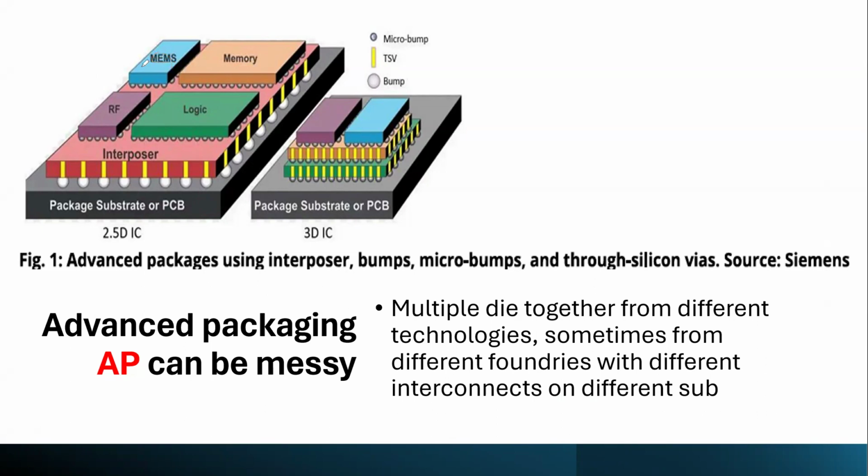You probably get some chips from elsewhere. And TSMC probably can make logic for you if you agree with the price. What they can offer is the interposer and putting everything together. But they have the same problem. They're going to deal with multiple materials. So electrons flow through these many different materials, from different foundries, with different interconnects on different substrates. So this is so complex. That's the reason I say it's messy.